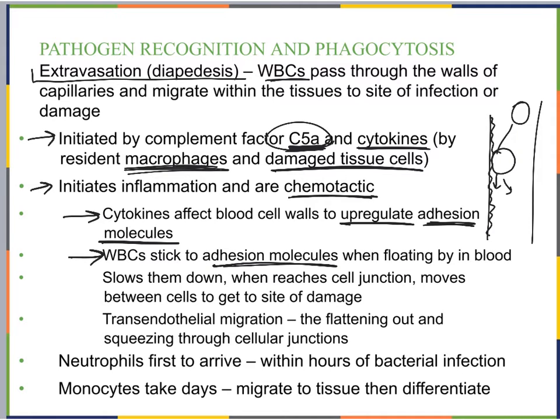And it's actually going to slow them down. So they're going to be rolling along the side because they're sticking to these adhesion molecules, slowing them down rather than going with the flow of blood that's continuing. So it slows them down, and then when they slow down enough and reach a cell junction, they can move through those cells. So they can move in between the two cells to get to the site of damage.